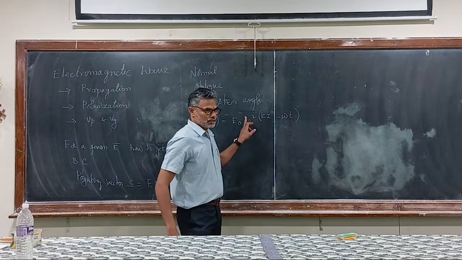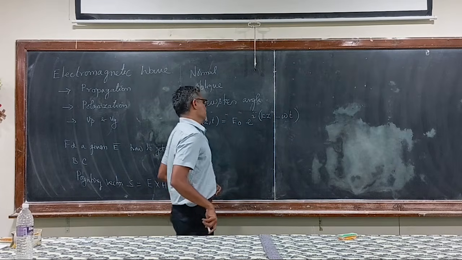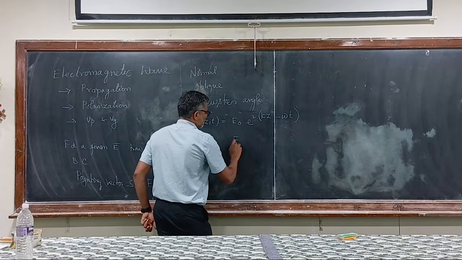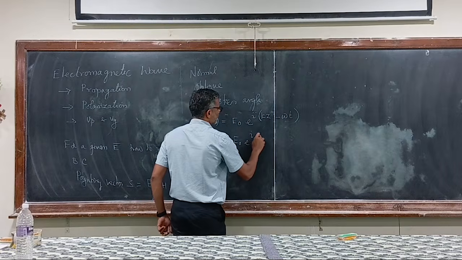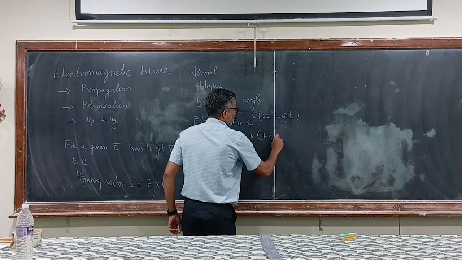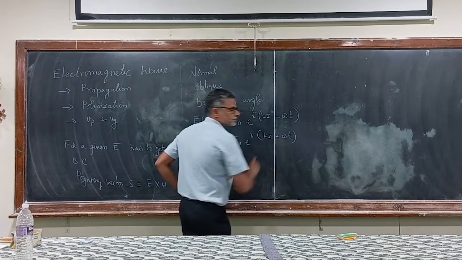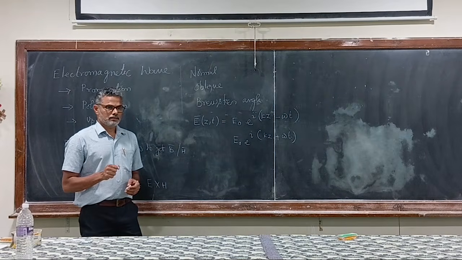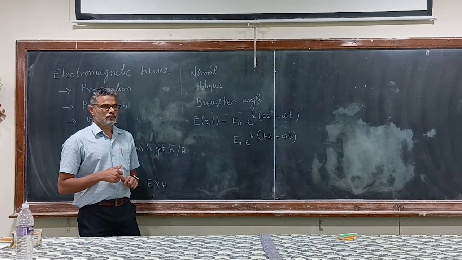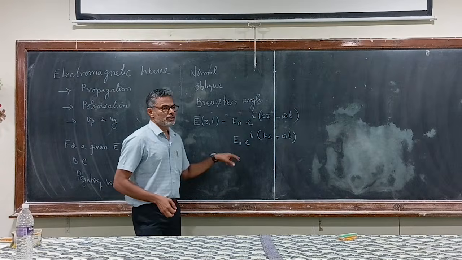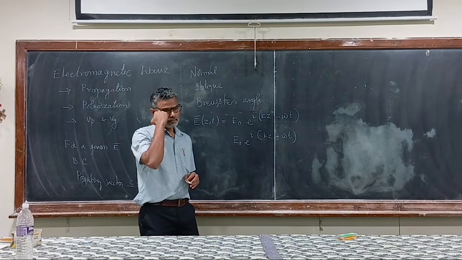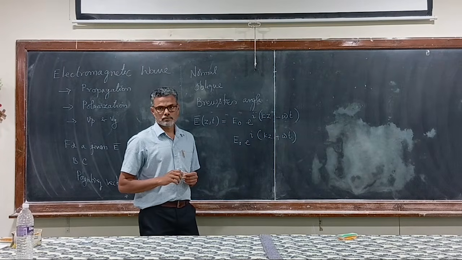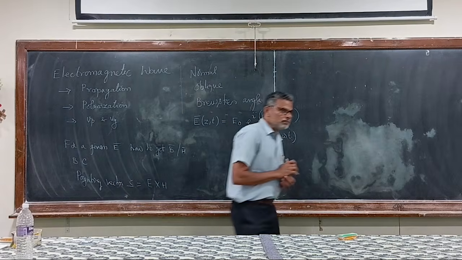Yes, i is common here. So what if I write E0 e to the power of i(kz plus omega t)? Can I write an expression? Yes. So what is the difference between these? The direction.